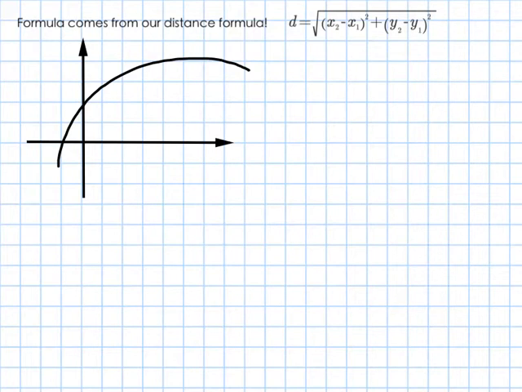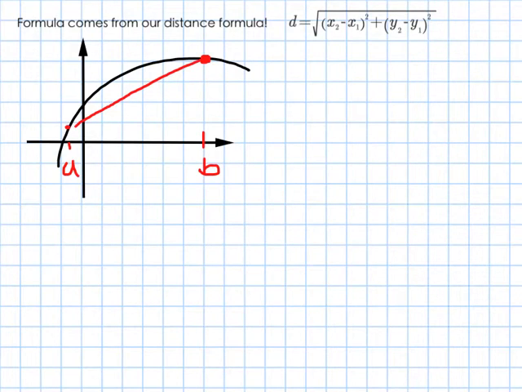So let's say this is my function, and I want to know the distance on the graph from point A to point B. I would start by taking the distance between these 2 points to approximate the actual length of the curve.